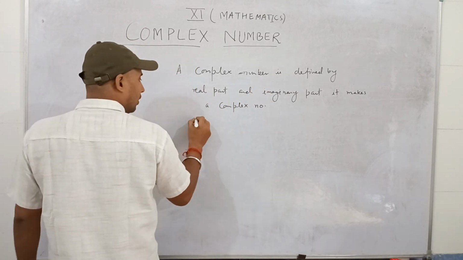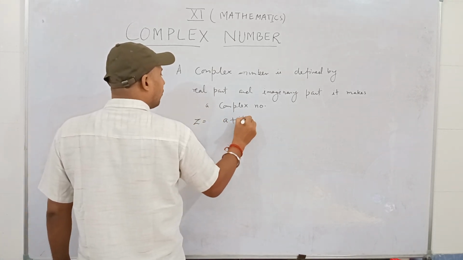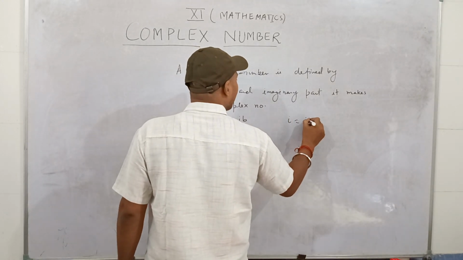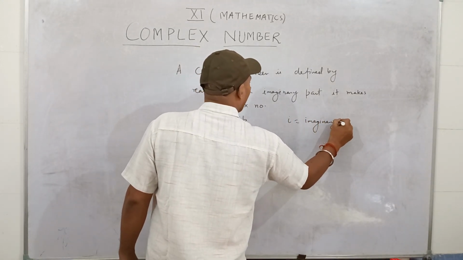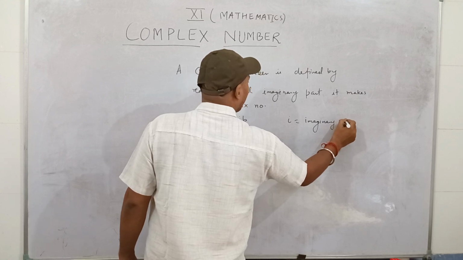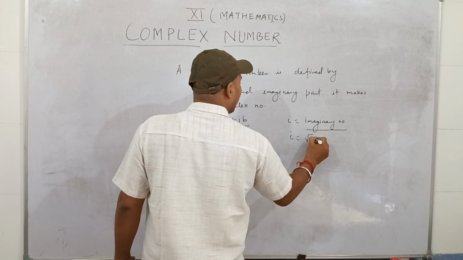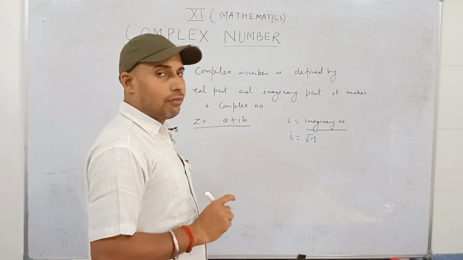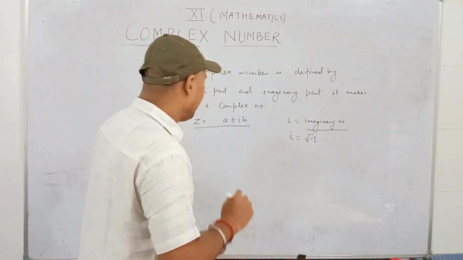It means z, it is denoted by z = a + ib, where i stands for imaginary number. The value of i is under root -1. Square root of -1 is called imaginary number.